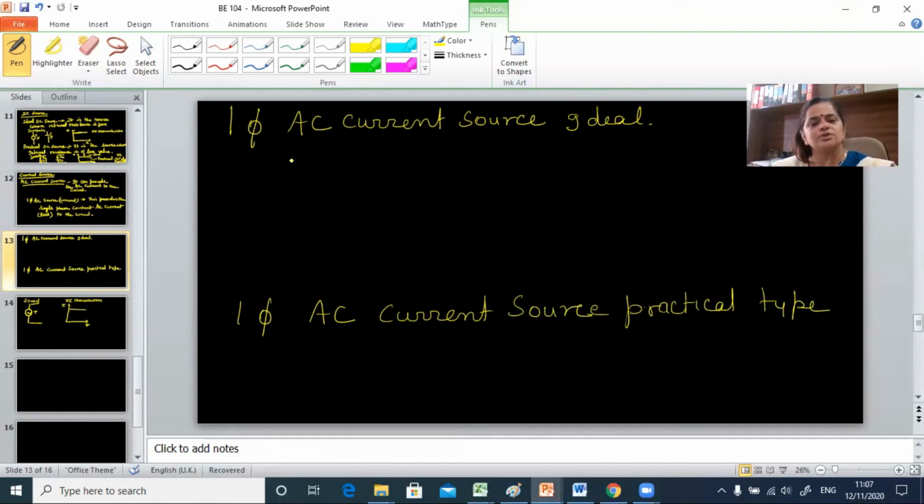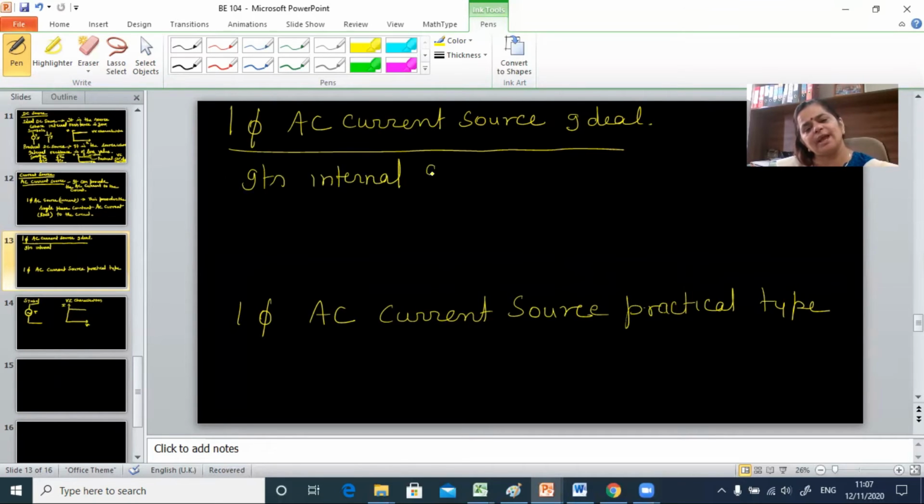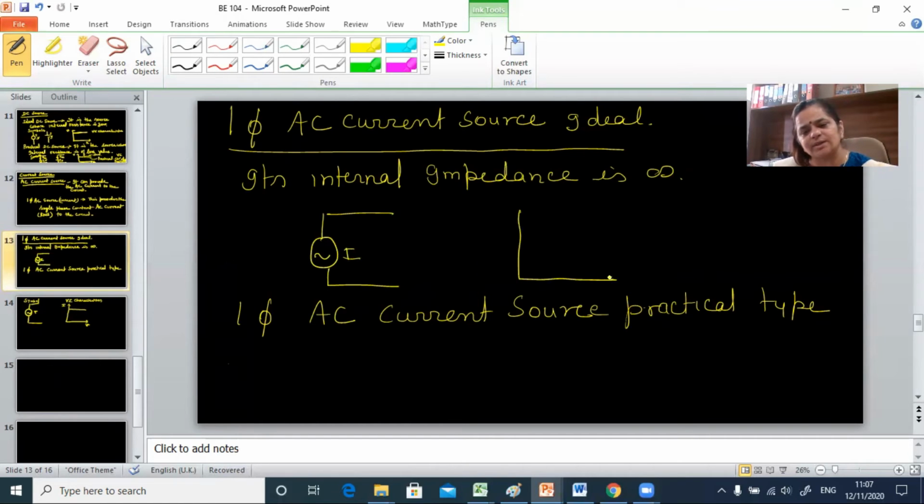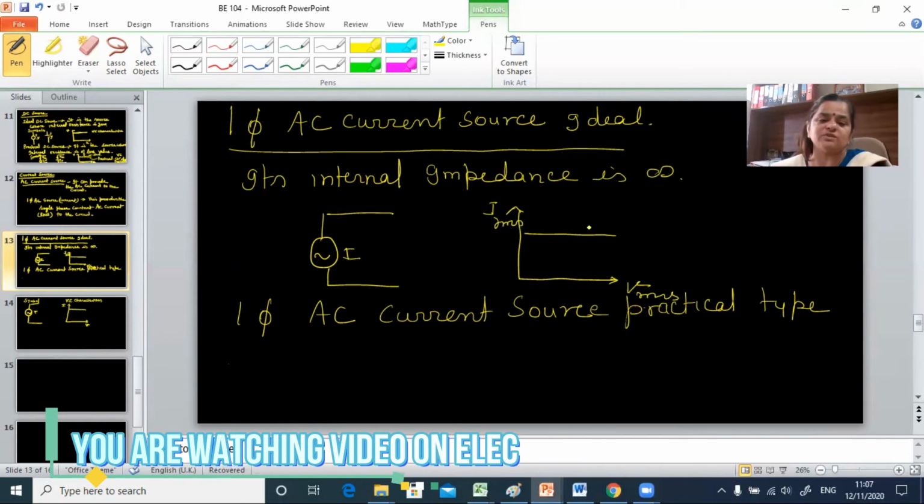For the single phase AC current source ideal type, what it means is its internal impedance is infinite, whereas if I want to plot its symbol, it will be like this. Okay, if I want to plot its characteristic, at the x-axis I will take V, at the y-axis I will take I, and it will provide a constant value. Please mind it, this is VRMS and this is IRMS, so it will give the constant RMS value.